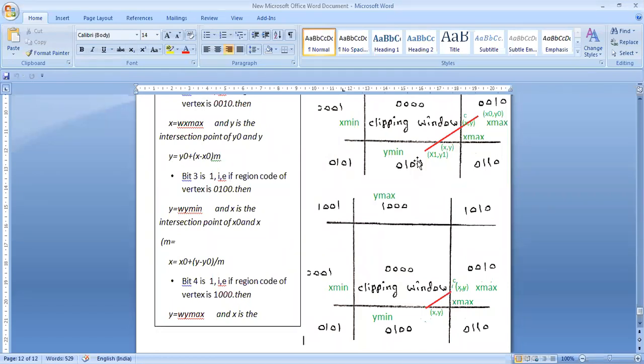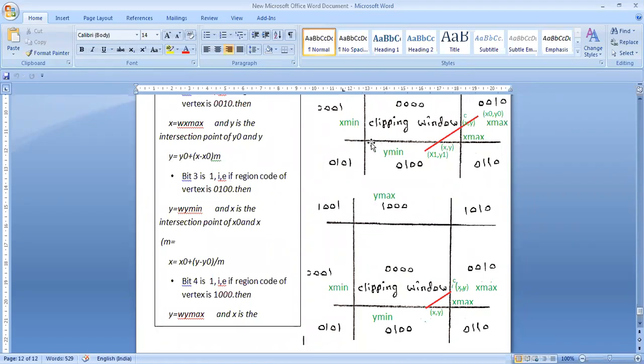Fine. So now let us come to this end point, which is the end point where the third bit is 1. Third bit is 1 means it is below my clipping window. Below my clipping window means it is moving below the y axis. So for this to come to here, I can directly say what y should be, because y should be equal to y min.